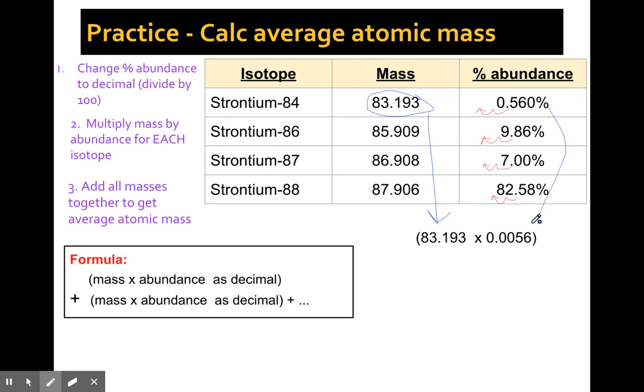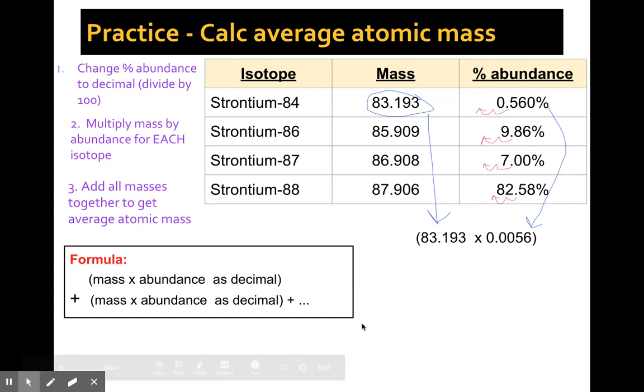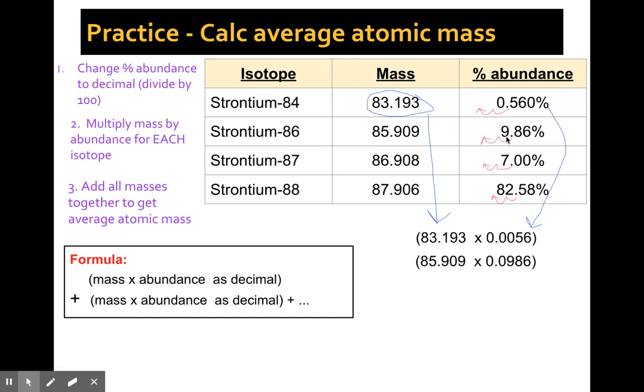So that is where that number comes from. You're going to do the same thing for the second isotope. That isotope has a mass of 85.909, and that percent abundance, once we change it to a decimal, would be 0.0986.